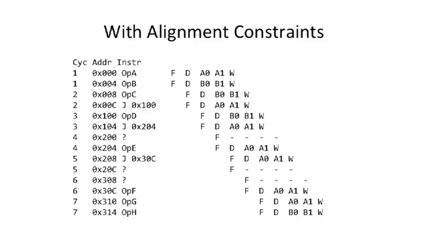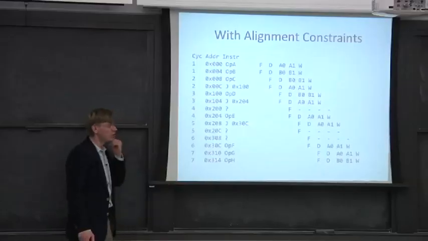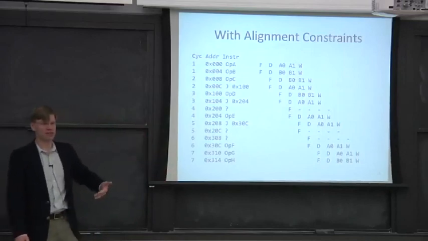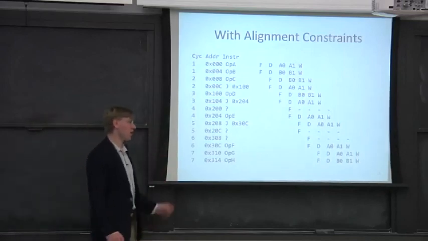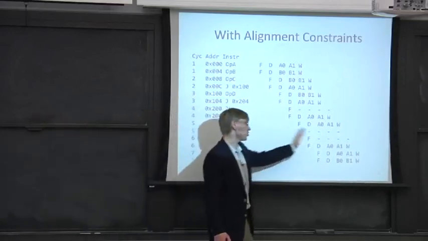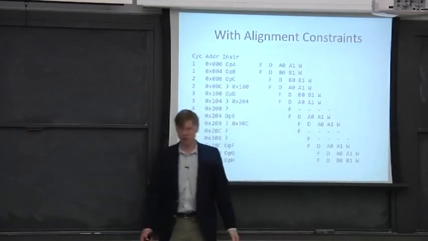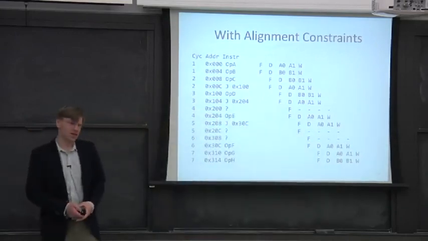Let's say here we fetched 208, but we had to fetch 20C, and that instruction is going to go down the pipe and not actually do anything. So you can see that when you have alignment constraints, you can introduce extra dead instructions going down the pipe, and you're not actually going to be using them. And that's not necessarily great.